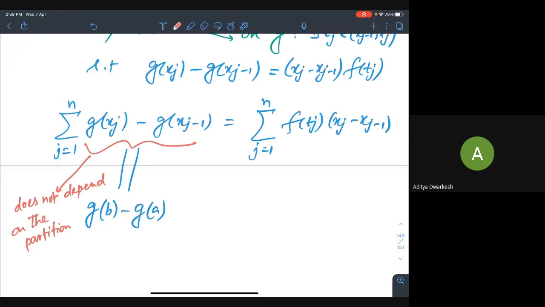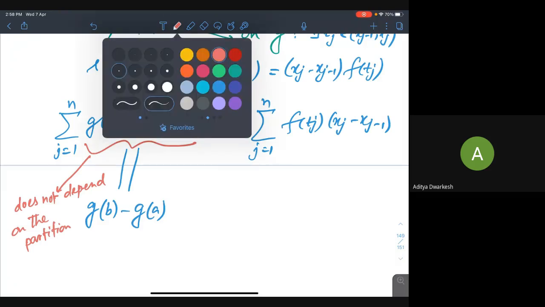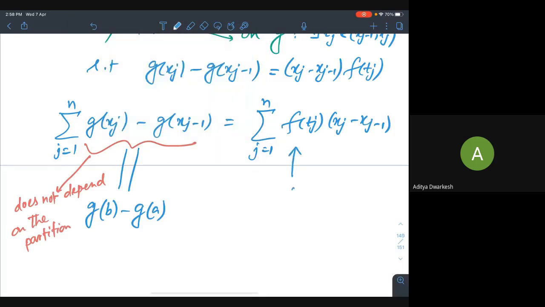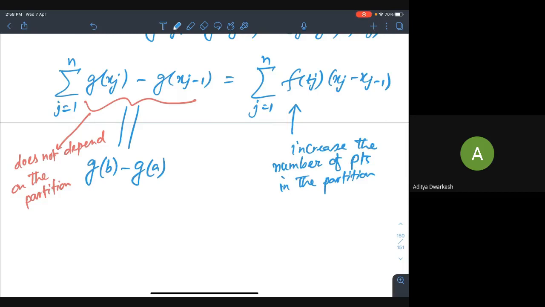Now here you increase the number of points in the partition, which means you are making refinements, and take the limit.